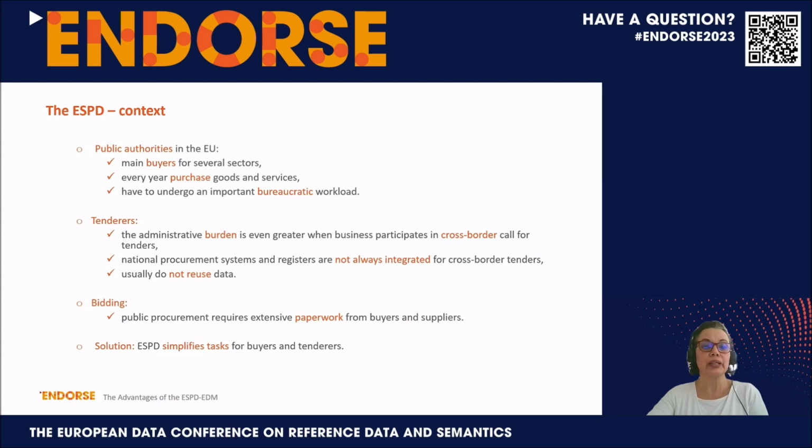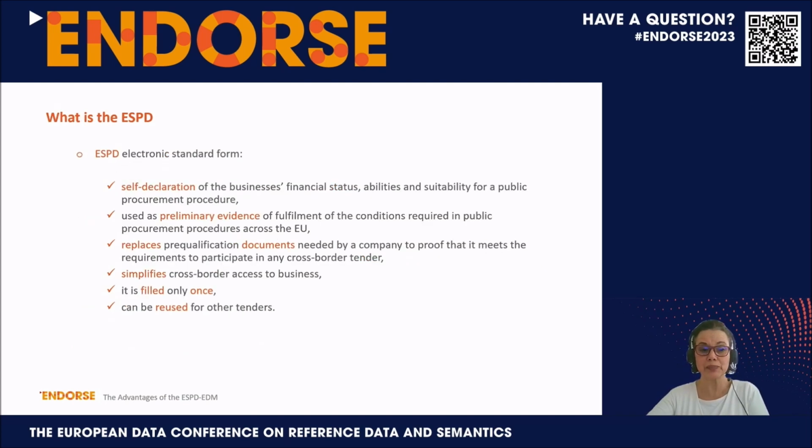That was when the ESPD came into place. What is the ESPD? It means European Single Procurement Document, and it's an electronic standard form used as a self-declaration for the business to state their financial status, their abilities, and their suitability to answer a tender in a procurement procedure.